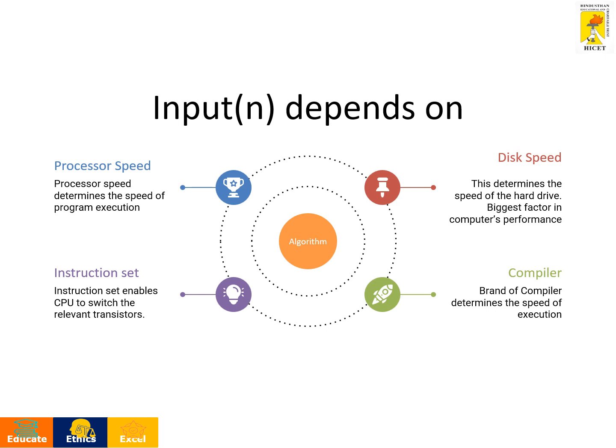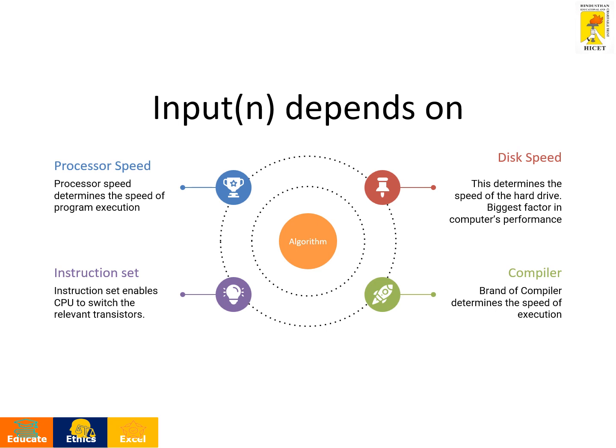The speed of the disk, including hard disk drives and solid-state drives, influences the input-output operations of algorithms. Algorithms that involve reading or writing data from or to a disk may experience bottlenecks if disk speed is slow.